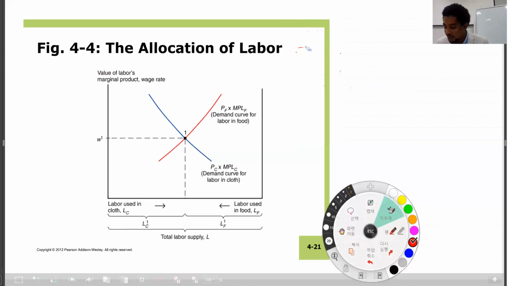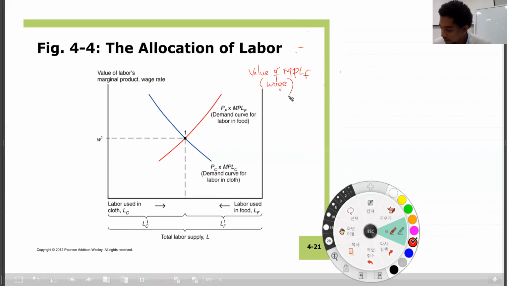So in this graph, you can see that we have the value of labor's marginal product and the wage rate. Actually, it's not written here, so I want you to write this on the right side of the graph. So this is the value of marginal product of food, and that is the wage rate.